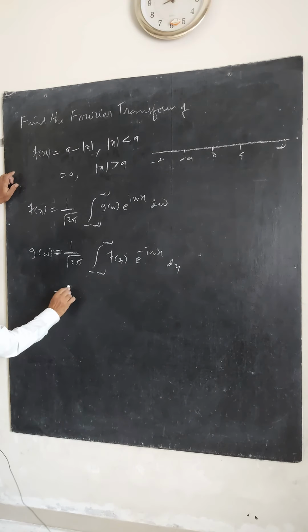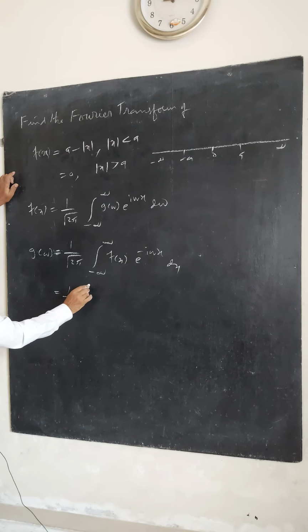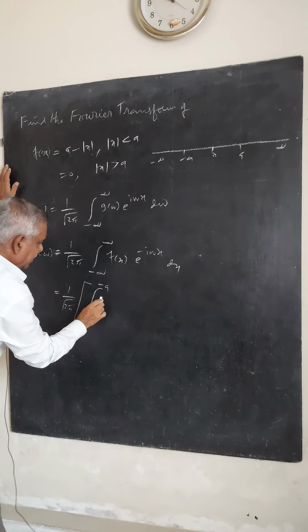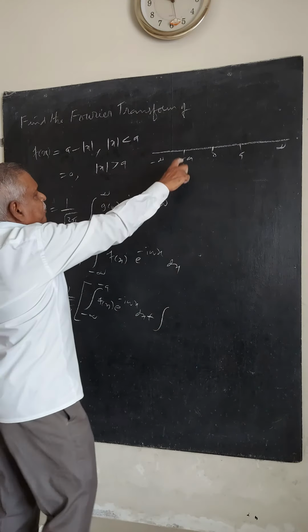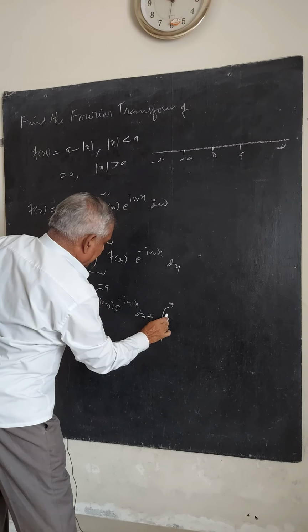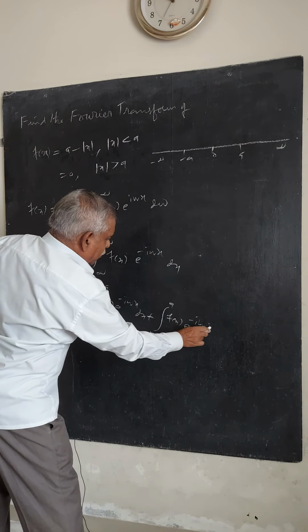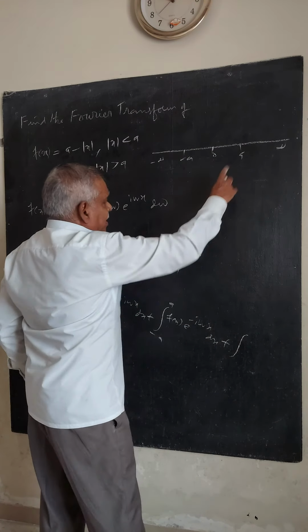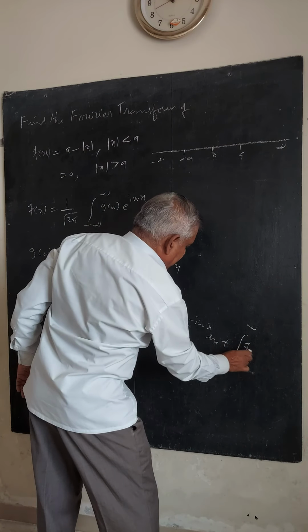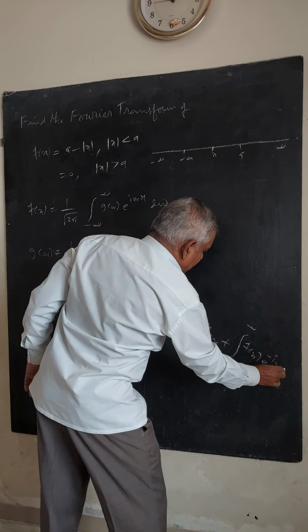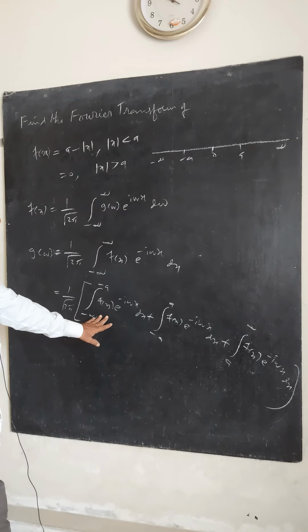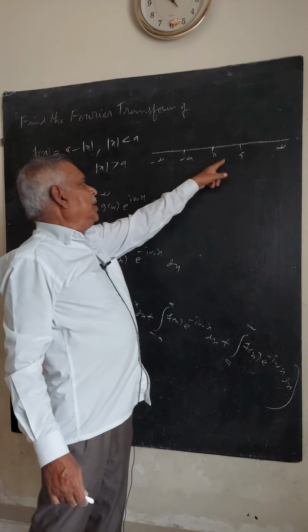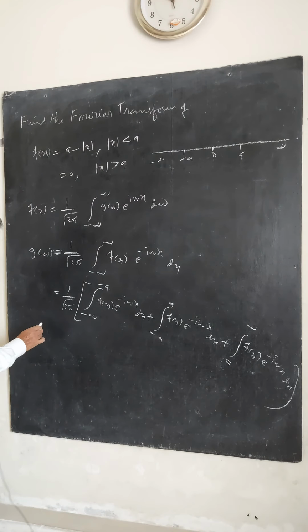Already we have done all of these sums. G(ω) = 1/√(2π) [ ∫ from −∞ to −a of f(x) e^(−iωx) dx + ∫ from −a to a of f(x) e^(−iωx) dx + ∫ from a to ∞ of f(x) e^(−iωx) dx ]. We have separated it into 3 parts.